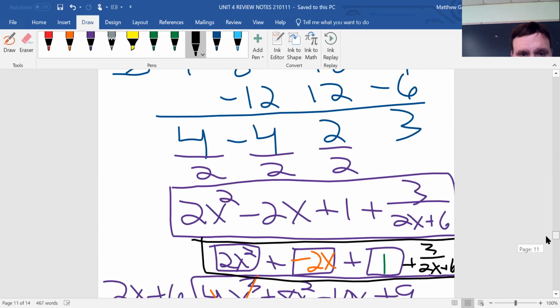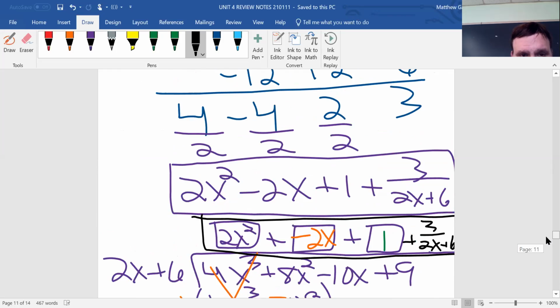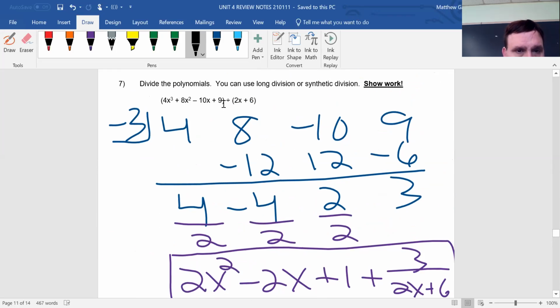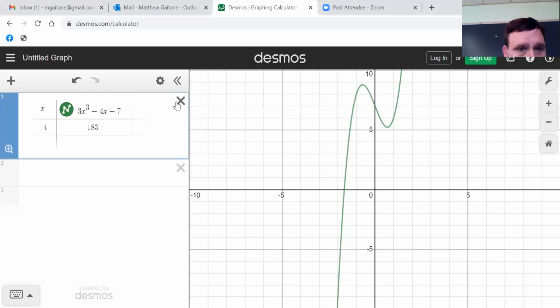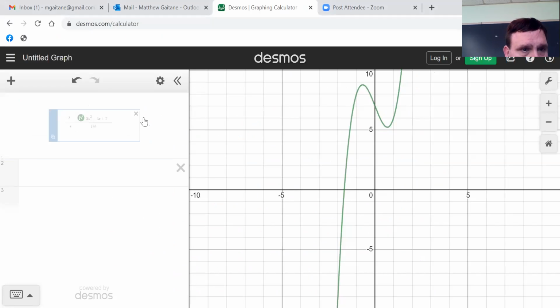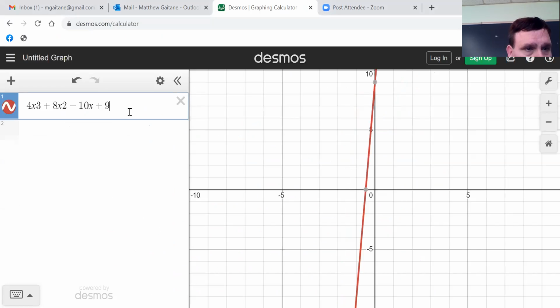Okay. So to check that the remainder is 3, we're going to do the same thing we did. Negative 3 is your excluded value. So I'm going to go to Desmos. Okay, I'm going to type the function in. I copied and pasted.